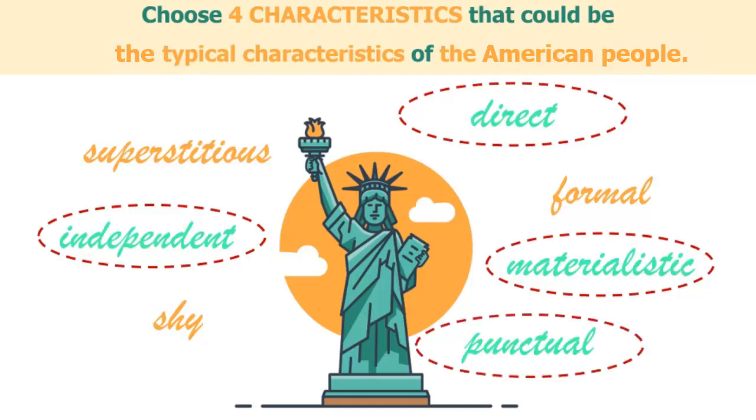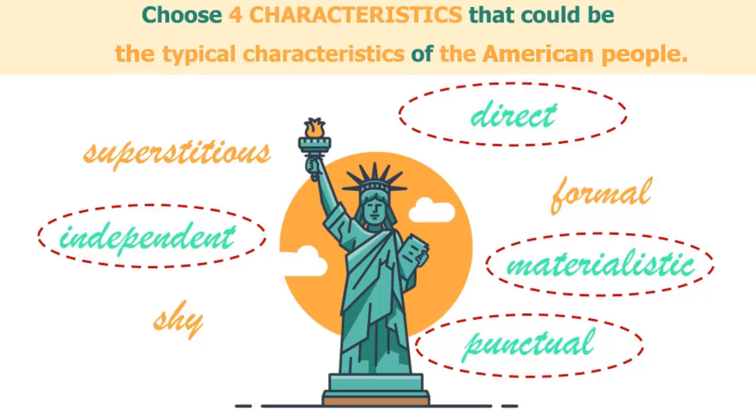Finally, punctual. This word is arriving or doing something at the correct time, not late. In Vietnamese, it means đúng giờ. Okay, we've got to know some typical characteristics of the American.